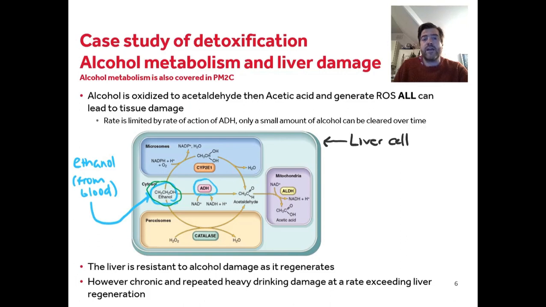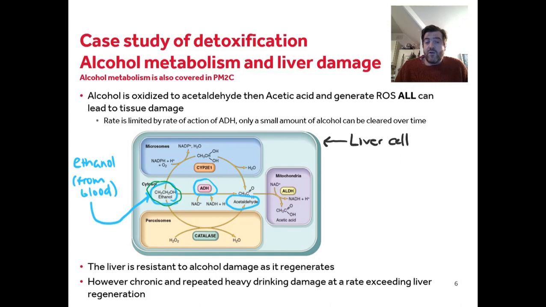Now, alcohol dehydrogenase is an enzyme and can only process small amounts of alcohol. So when you drink alcohol, the increase in alcohol concentration in your blood is what makes you feel drunk. And slowly, as the alcohol is metabolized, you begin to sober up because that alcohol is being metabolized by your liver, but it's rapidly overloaded this process.